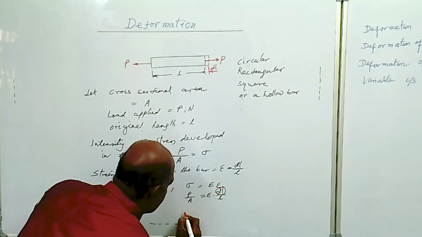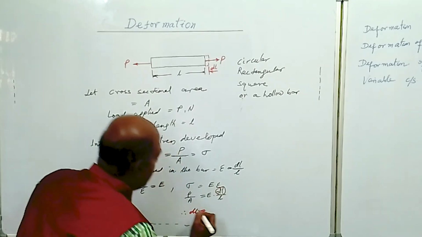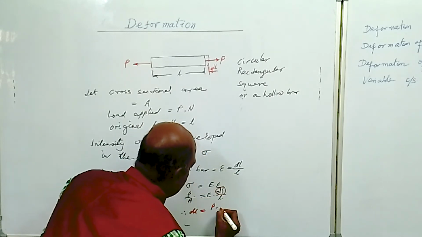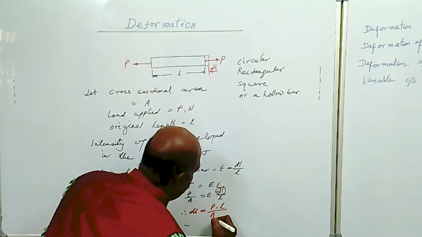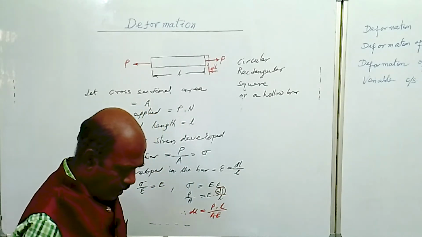So dl is equal to, therefore dl is given by P into L divided by A into E. So we have got this formula of deformation.